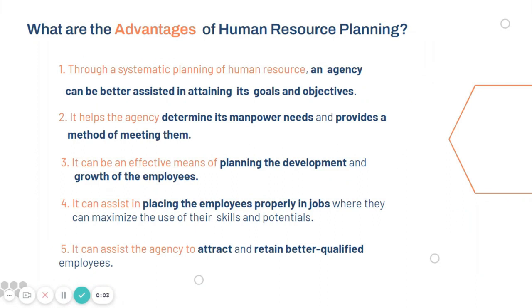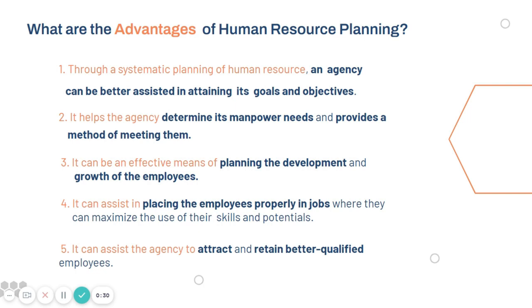The next question that we need to talk about is what are the advantages of human resource planning? So there are 5 that are given. The first one, through systematic planning of human resource, an agency can be better assisted in attaining its goals and objectives. Second, it helps the agency determine its manpower needs and provides a method of meeting them.